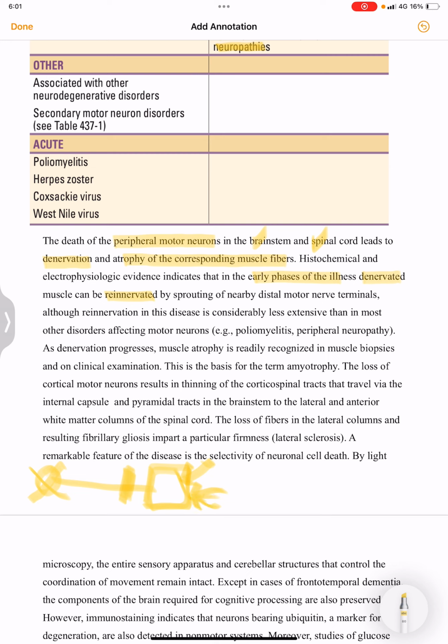Although there is re-innervation, in amyotrophic lateral sclerosis it is less extensive than in most other disorders affecting the motor neurons, such as poliomyelitis and peripheral neuropathy, where there will be re-innervation. As denervation progresses, muscle atrophy is readily recognized in muscle biopsies. If we do a muscle biopsy, you can see denervation.